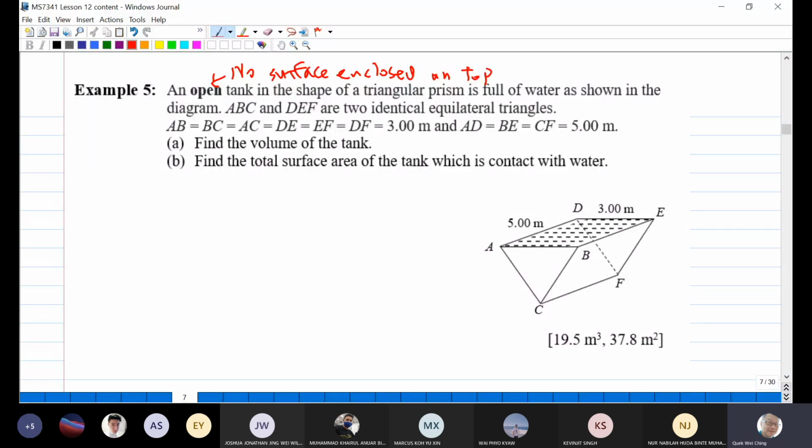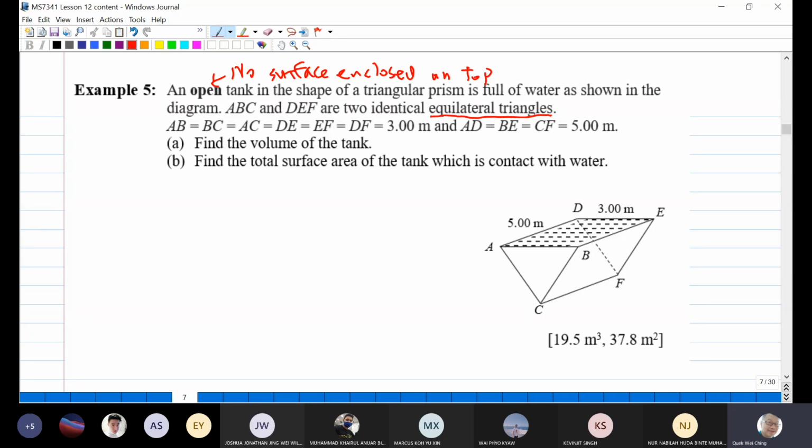In this case, ABC and DEF are two identical equilateral triangles. So these three sides are equal length. Identical equilateral triangle means all sides are equal, right? So each side, AB, BC, AC, is equal to 5. So all sides are 5 here.